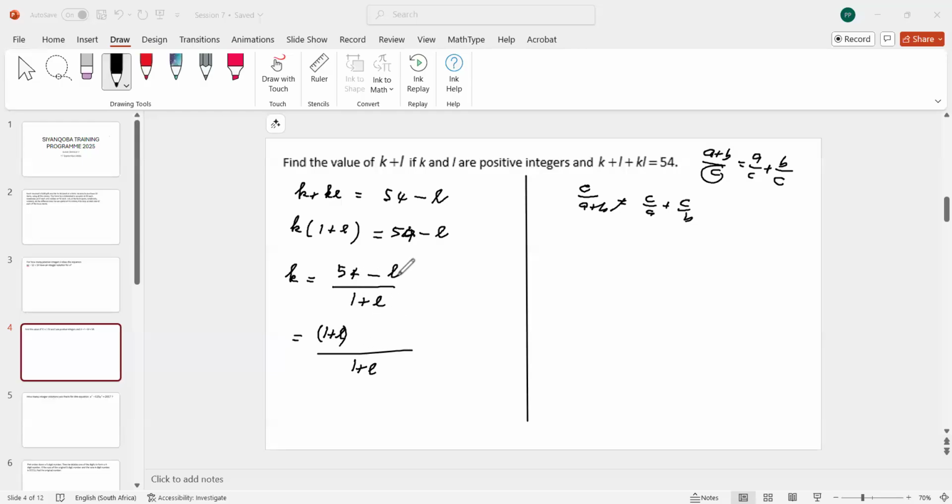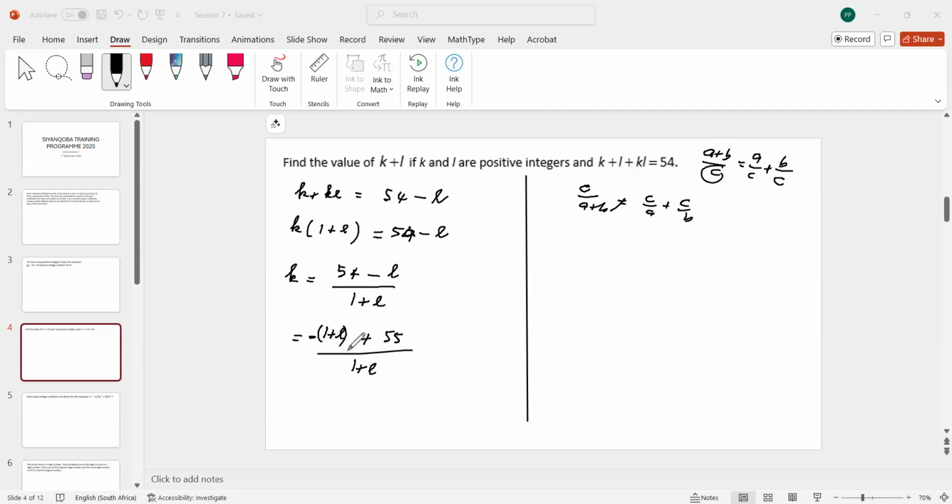I got minus L here, so I have to put a minus like that. Now I got minus L, I got minus 1 which is remaining, and I got 54 here. What must I put to respect this equation? I got minus 1, so I have to put 55 here. So 55 minus 1 is 54.